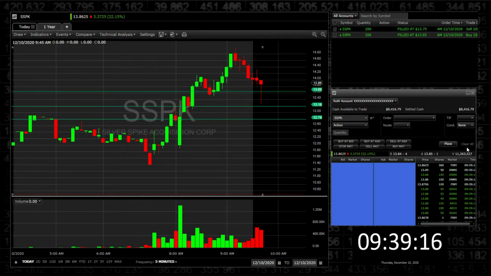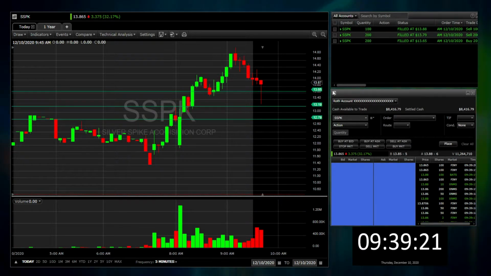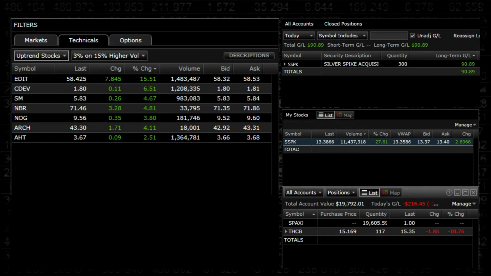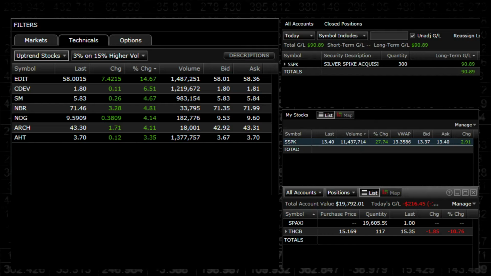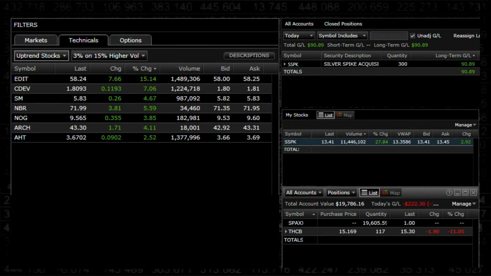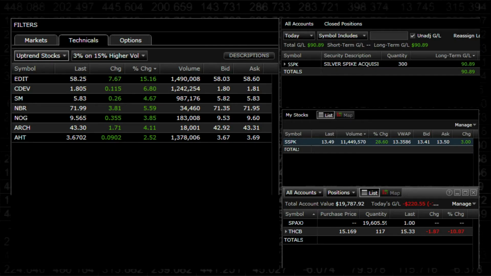I'm selling my remaining shares. I'm out of the trade. That was a pretty quick trade, and on the trade I made $90.89. Had I got my full 400 shares, probably this would have been a $100 trade. But I'll take it and move on.